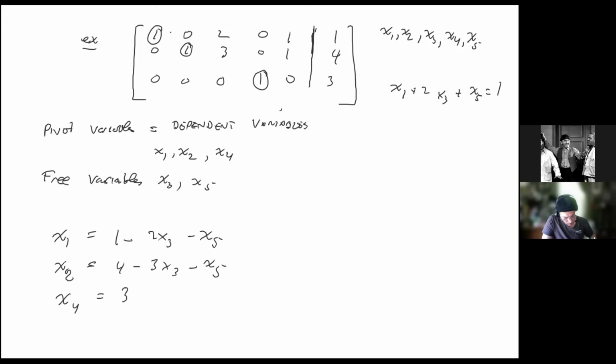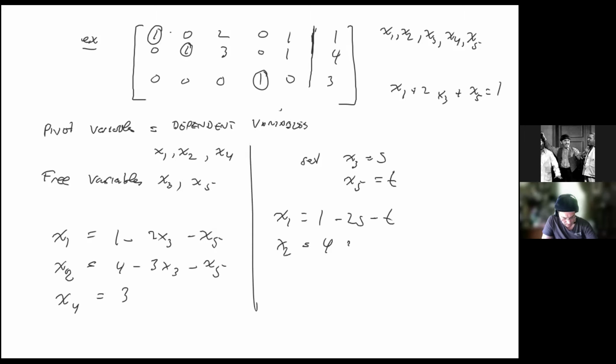So what I propose in writing the solutions is to set x3 equal to the letter s and x5 equal to the letter t. And then the variables are x1 equals 1 minus 2s minus t, x2 equals 4 minus 3s minus t, x3 equals s, x4 equals 3, and x5 equals t.